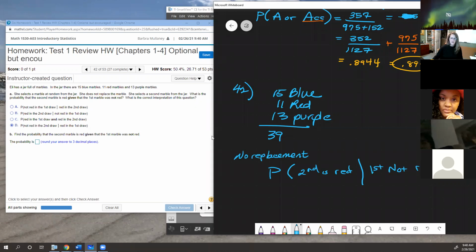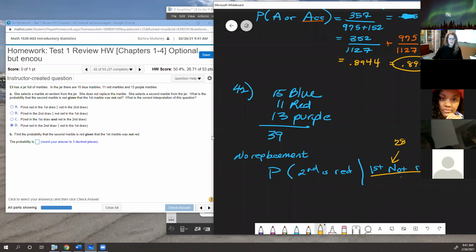Okay, now this given part here is the new total. So it was not 11/38. No, that's red. Not red would be 28 over 28. There are 28 marbles that are not red, right?